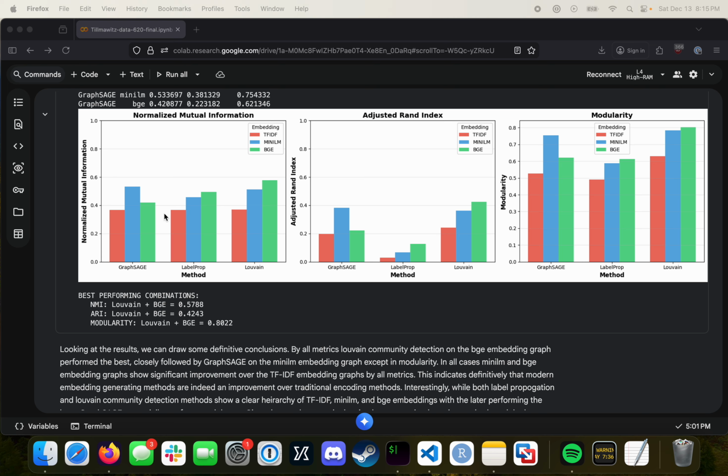And this has some very interesting implications, as we can see the BGE embeddings do overall, by all metrics, provide the best underlying representation of the text. This indicates that these embeddings may actually be of such a high quality that attempting to further process them through methods such as GraphSage actually decreases the information present in the embeddings.